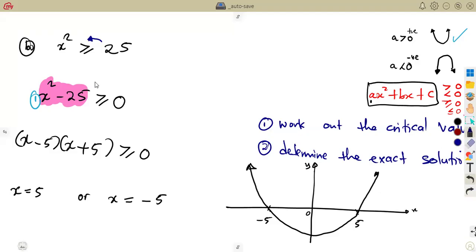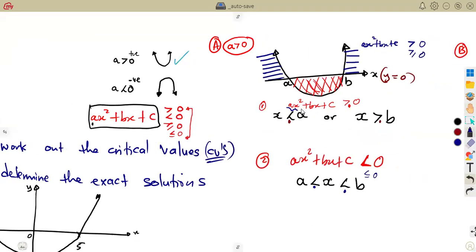Now we need where it is greater than or equal to 0. This is representing our ax squared plus bx plus c being greater than or equal to 0. Look here on our function: where is it that we have ax squared plus bx plus c being greater than 0? Above the x-axis. So our solutions will be taken this way.